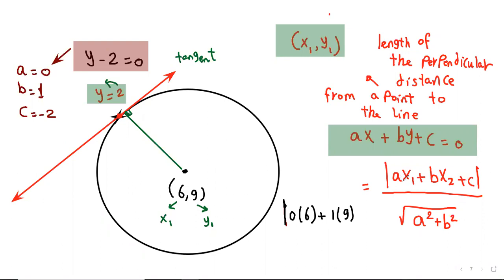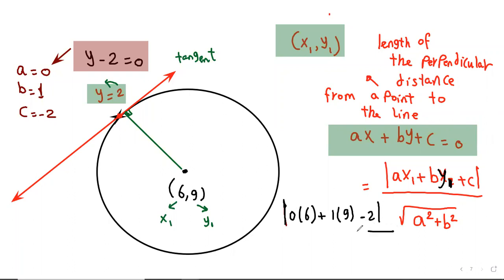So it's a x1. Sorry, it's b. This is y1 here. So it's 1 times 9 plus c. What is c? It is -2.